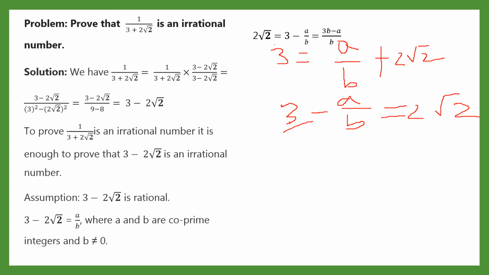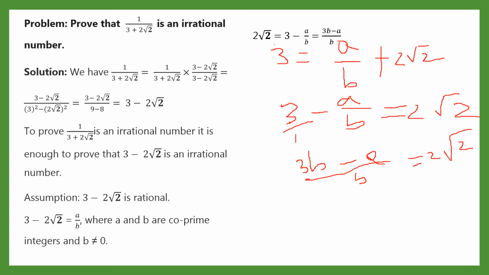Go for the regular LCM. By simplification we will get 3b minus a by b is equal to 2 root 2. Now if we take this 2 to the left side, it will divide, that means we get 2b. Therefore 3b minus a by 2b is equal to root 2.